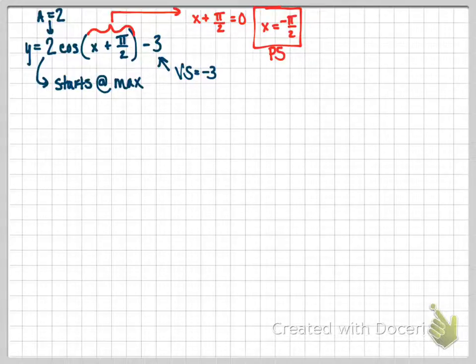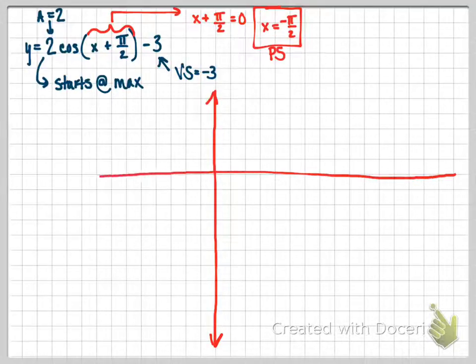When I go to graph, I'm going to label everything as best I can, as straight as I can. I have negative 3 for a vertical shift and an amplitude of 2, so I'm going to go up a ways so that I have room to graph this. Then I'm going to go down 2, 4, 6, 8.